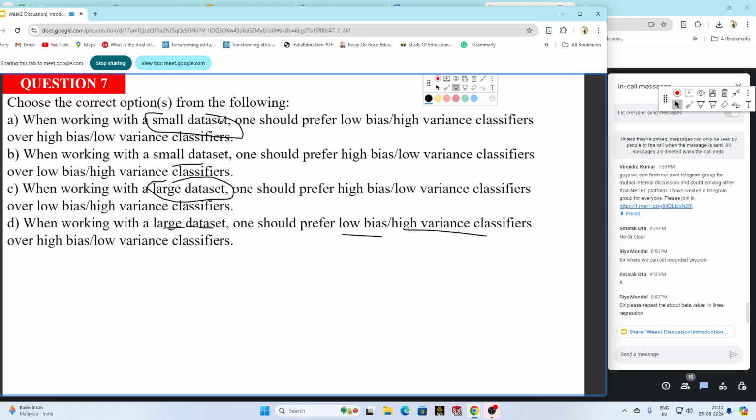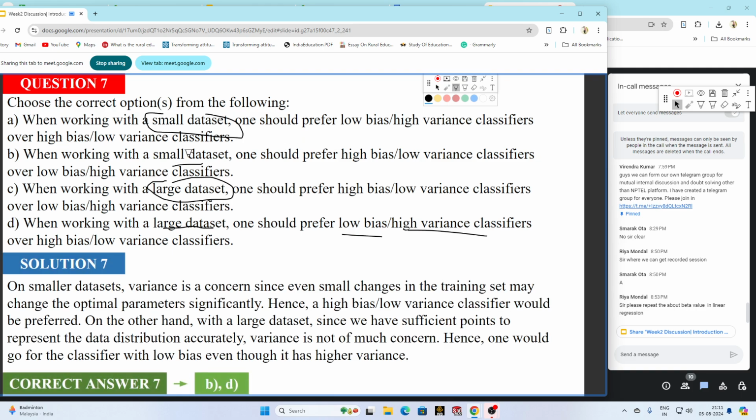When working with a small data set, bias would be large, but we require low variance.